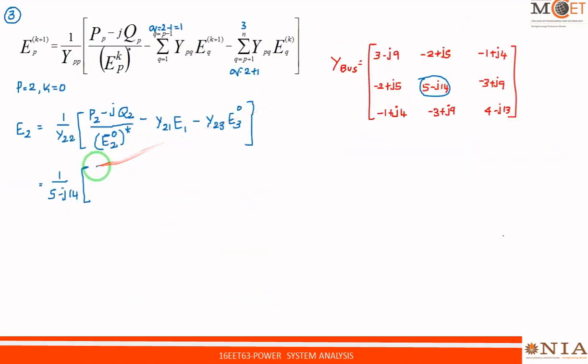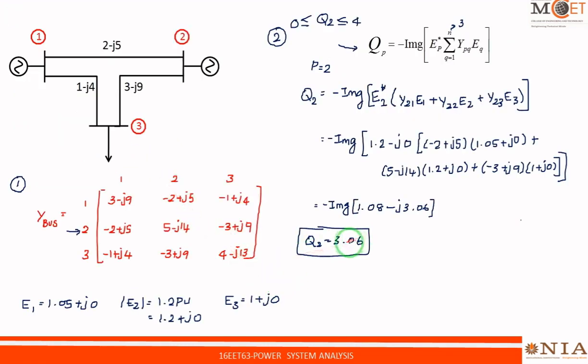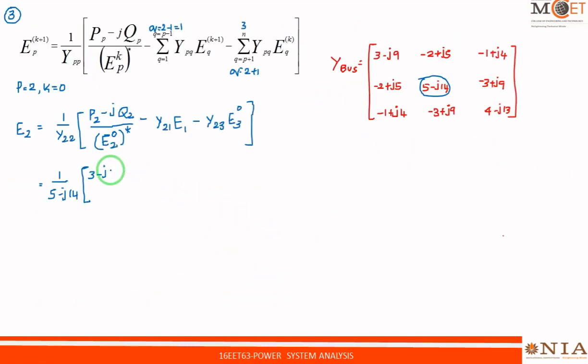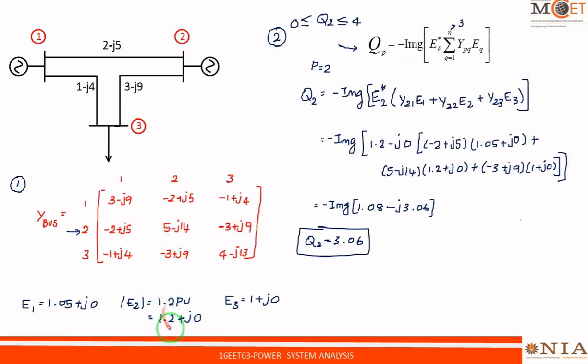So this is 3 minus J into Q2. Q2 is what we have just calculated, which is 3.06. So 3 minus 3.06 whole divided by E2 of 0, that is the voltage of bus 2 at the previous iteration, that is 1.2 plus J0, its conjugate.